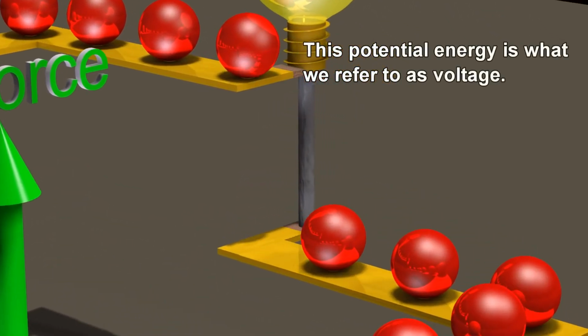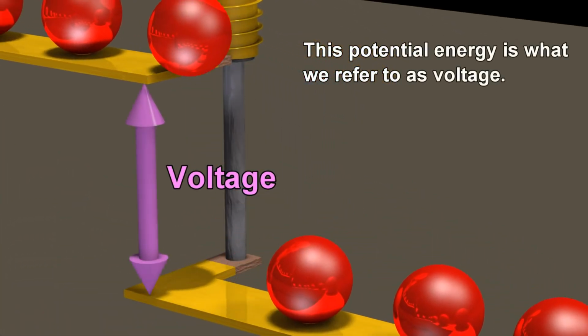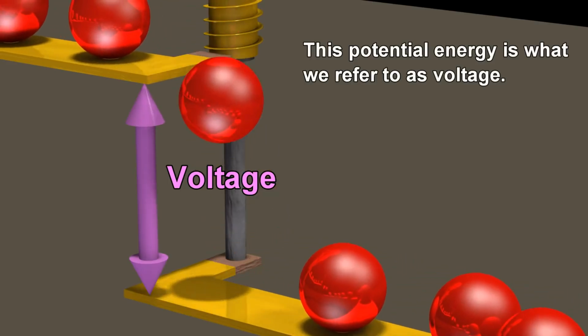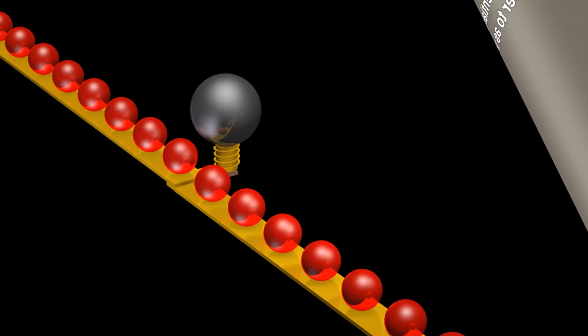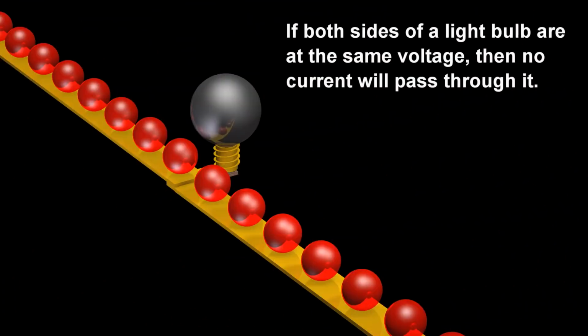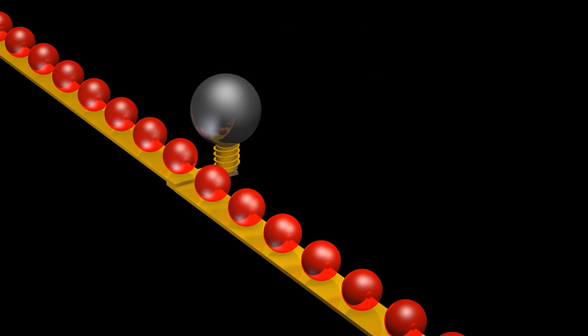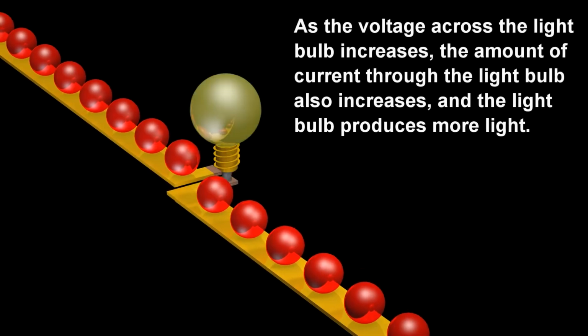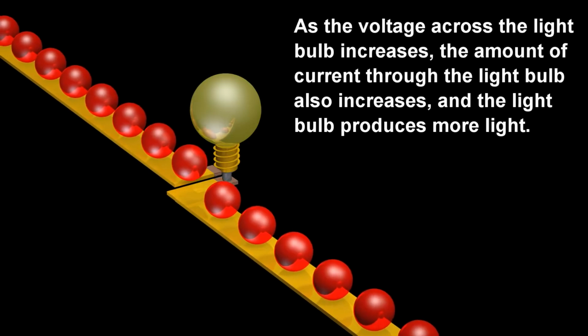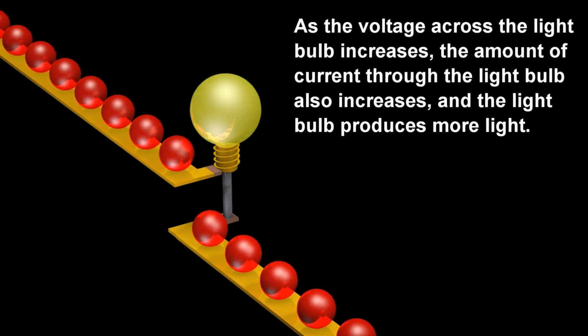This potential energy is what we refer to as voltage. If both sides of a light bulb are at the same voltage, then no current will pass through it. As the voltage across the light bulb increases, the amount of current through the light bulb also increases, and the light bulb produces more light.